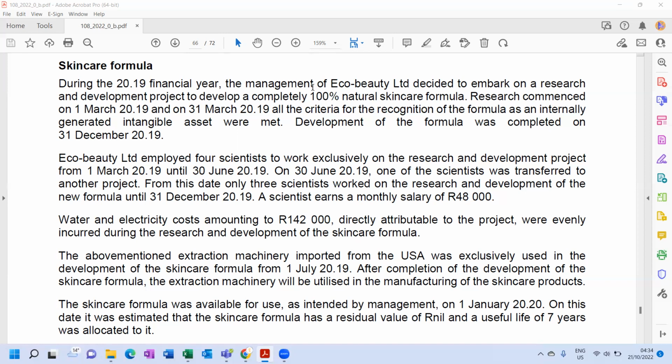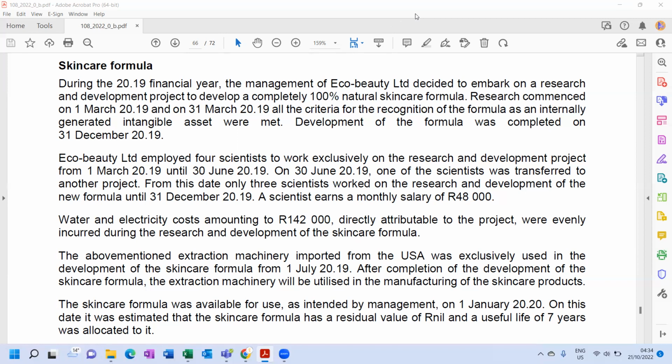So it says, skincare formula. During the 2019 financial year, the management of Eco Beauty Ltd decided to embark on a research and development project to develop a completely 100% natural skincare formula. The research commenced on 1 March 2019, so that's the beginning of the current financial year.